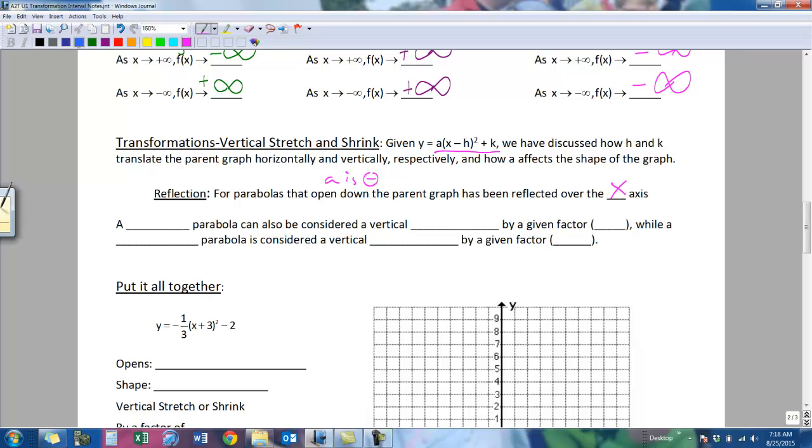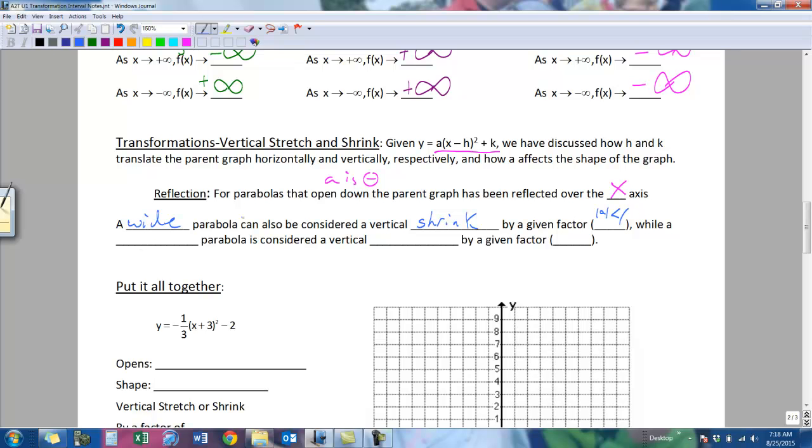Now, another thing we're going to talk about, a wide parabola can also be considered a vertical shrink by a given factor. Here's the thing, y'all. That's when the absolute value of a, whatever a is, forget about the negative. The negative is just talking about the reflection. When the absolute value of a is less than 1, then it's a shrink.